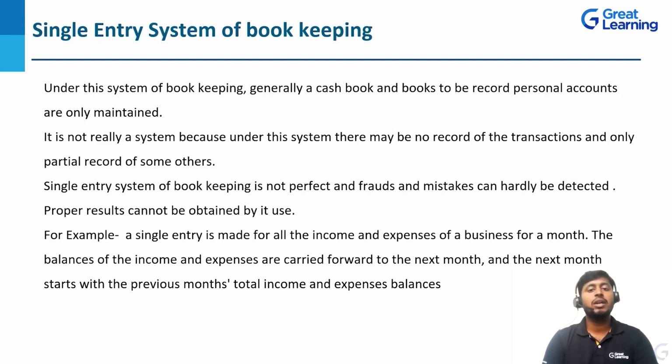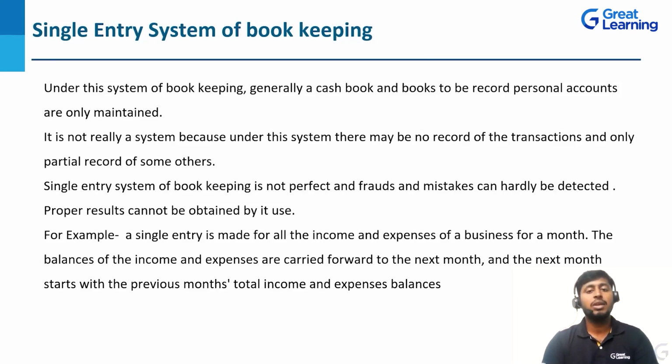So they can easily maintain it. If the volumes or number of transactions are more, then it is very difficult to maintain the single entry system, and in that situation they will go for the double entry system. So this is the brief introduction to the single entry system of bookkeeping.